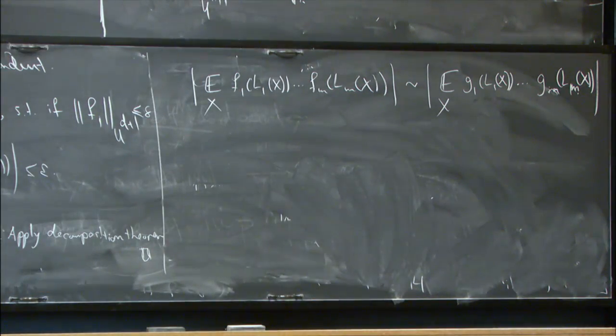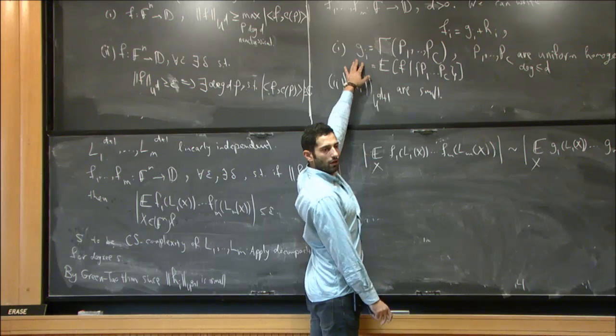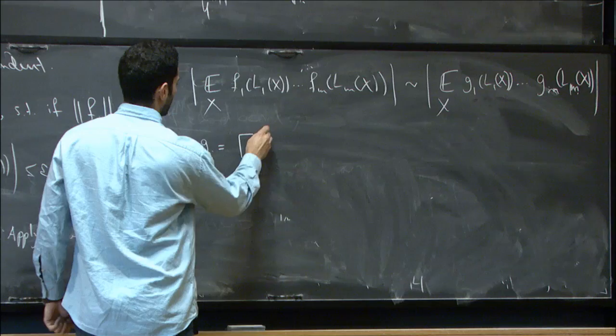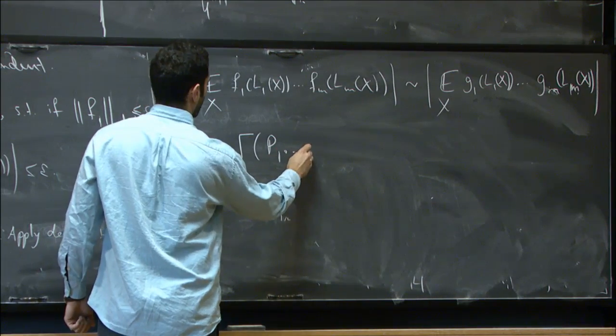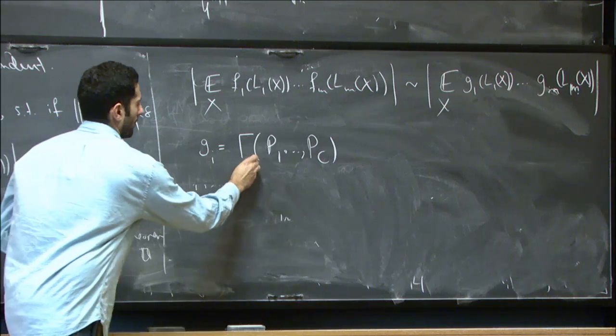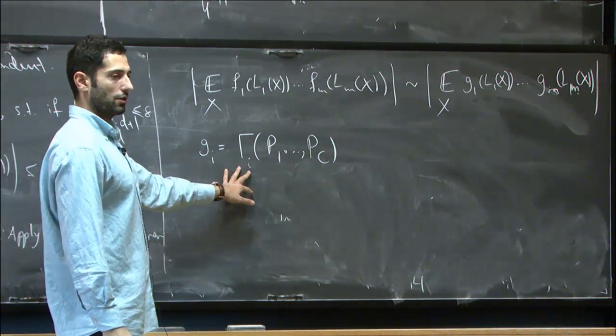So how do we show that that is small? So we use this property of the gi's. So I know that gi is equal to something like this, where gamma i is a sum function.